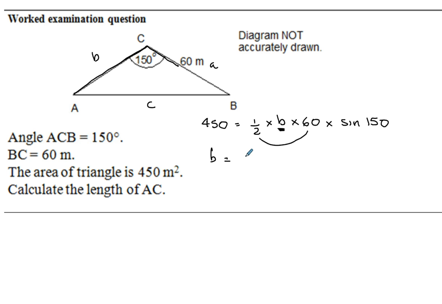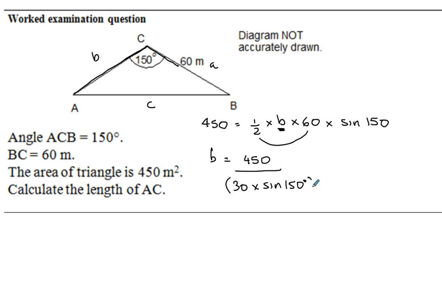you've got B equals 450, because B has been multiplied by half of 60, which is 30, and it's also been multiplied by sine 150. So you're going B equals 450 divided by 30 times sine 150.